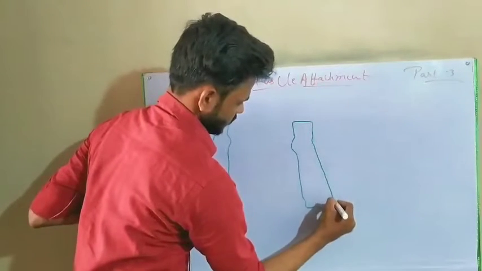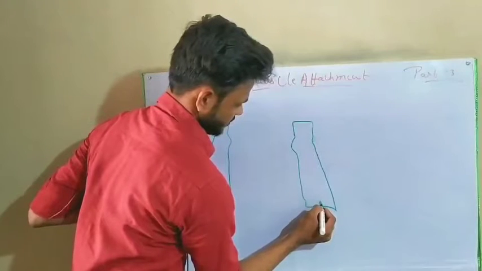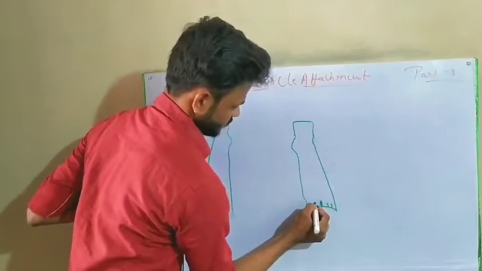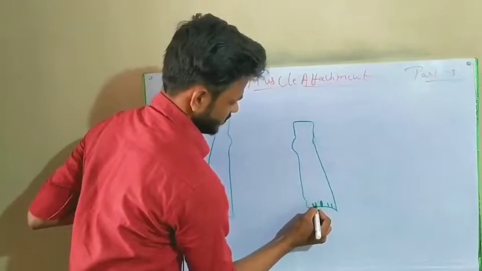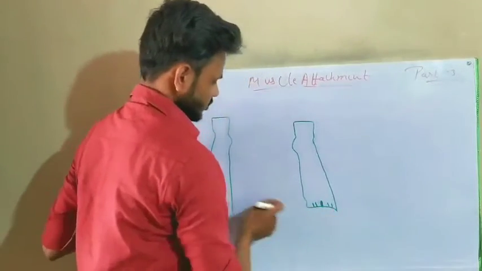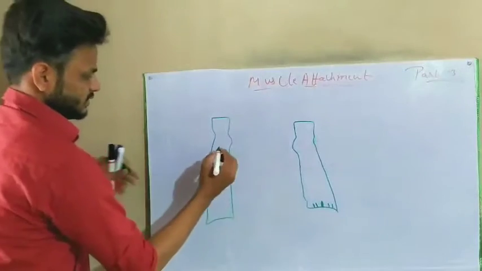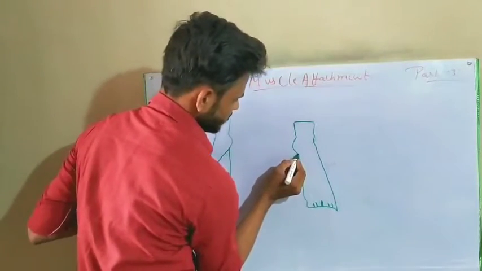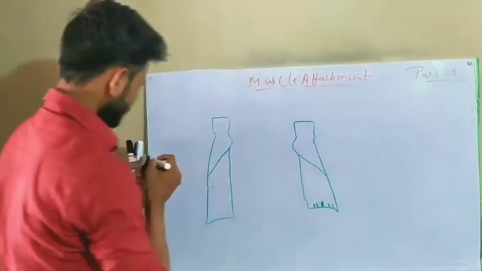This is the Lister tubercle. There are 4 grooves, one present on each side of the tubercle. This is our anterior oblique line. This is the posterior oblique line.